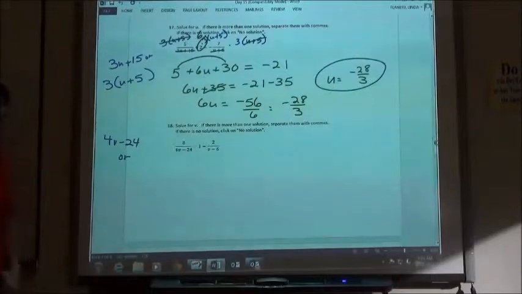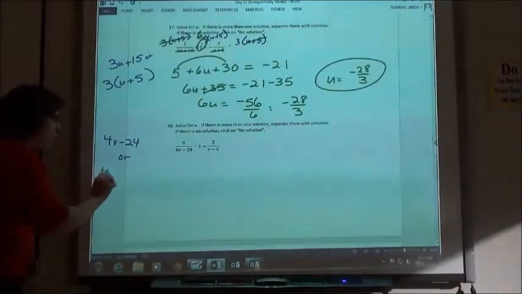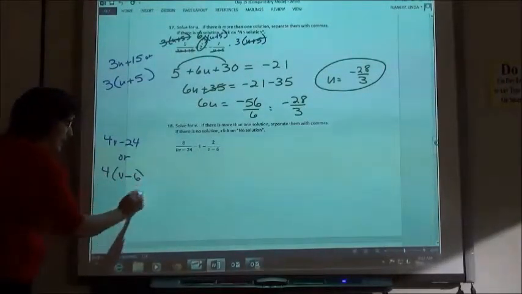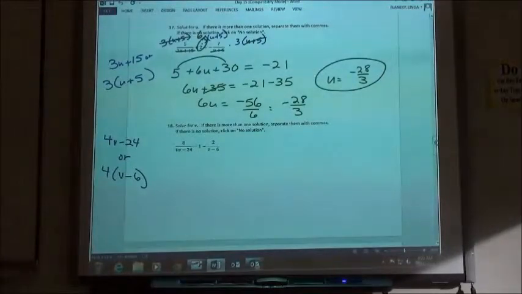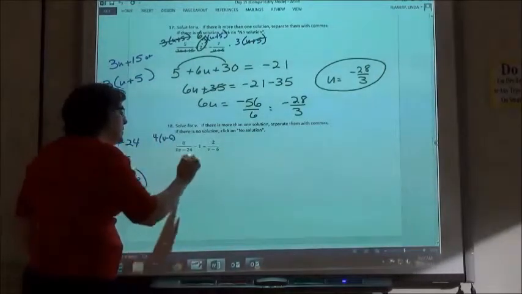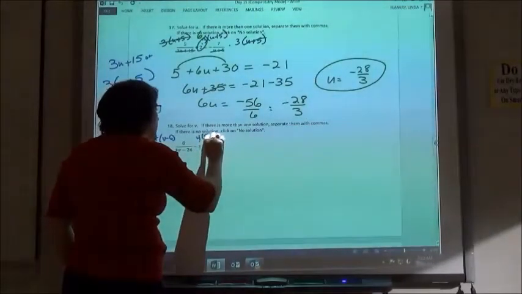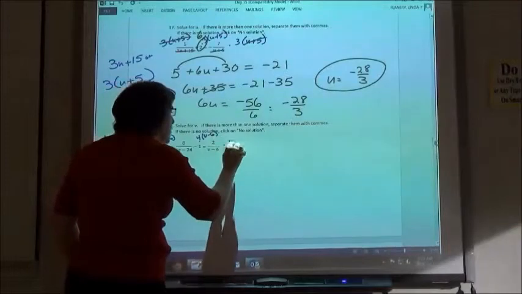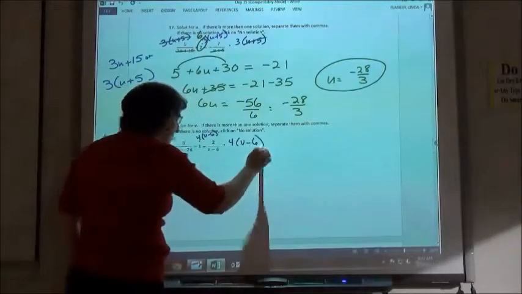So would that be v minus 6? So 4 times v minus 6, exactly. So we're going to multiply everything times 4 times v minus 6, times 4 times v minus 6, and times 4 times v minus 6.